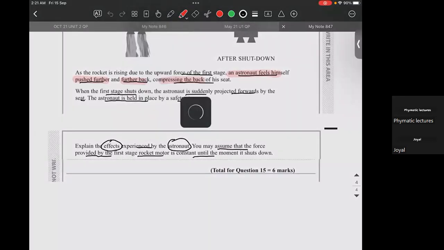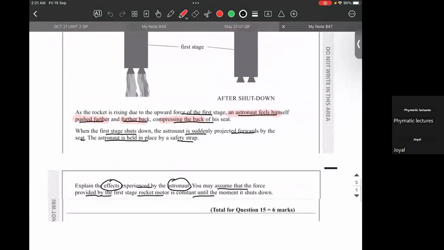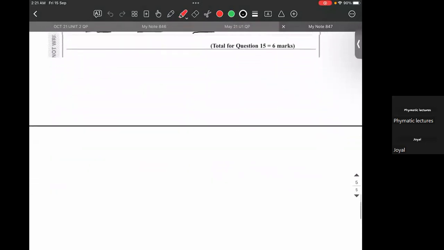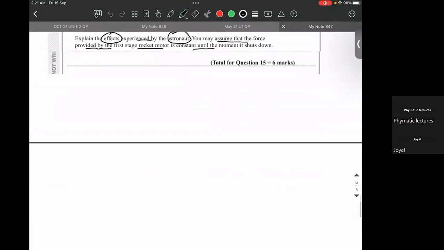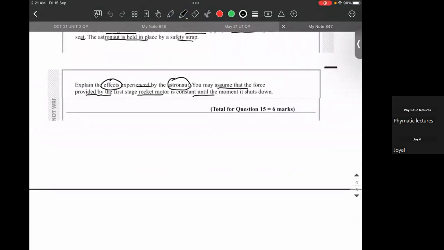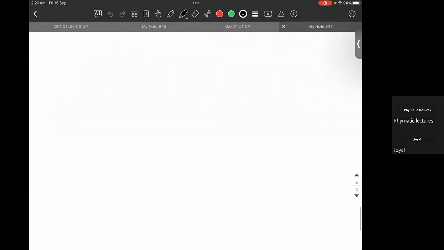So how will you logically arrange this? We need the indicative content. At least 6 indicative contents are required because it's a 6 marks question. So how will you start?